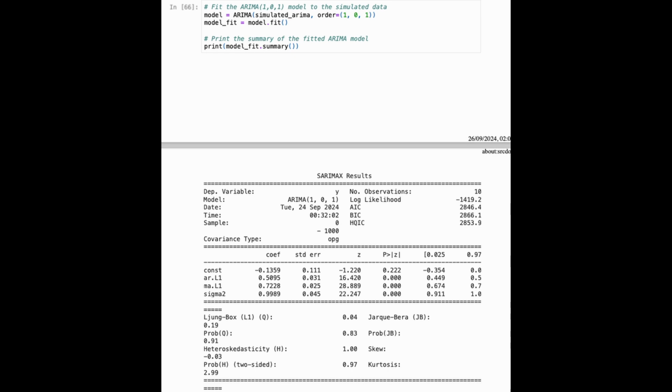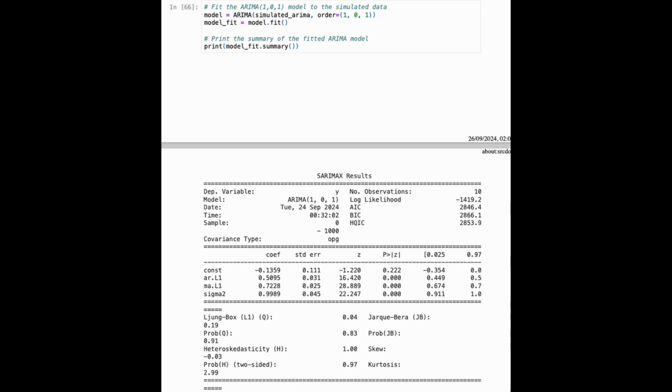The coefficient on the lag-1 moving average (MA) term is about 0.7228, indicating a positive relationship between the past shock and the current value of the time series. This coefficient is also statistically significant because, again, the p-value is very small, much lower than 0.05.